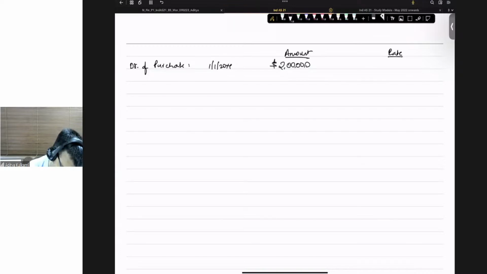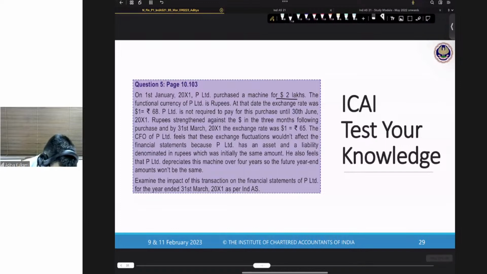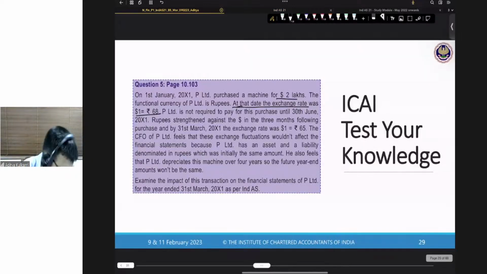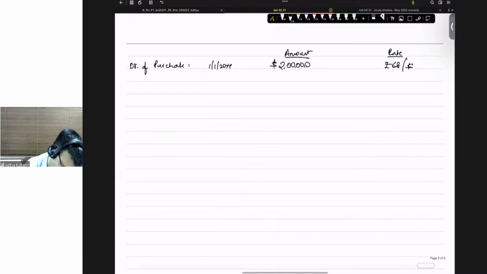And on that date, what is the rate? At that date, the exchange rate was $1 equals rupees 68, rupees 68 per dollar. Next, what is your reporting date? Year ended 31st March 20x1.